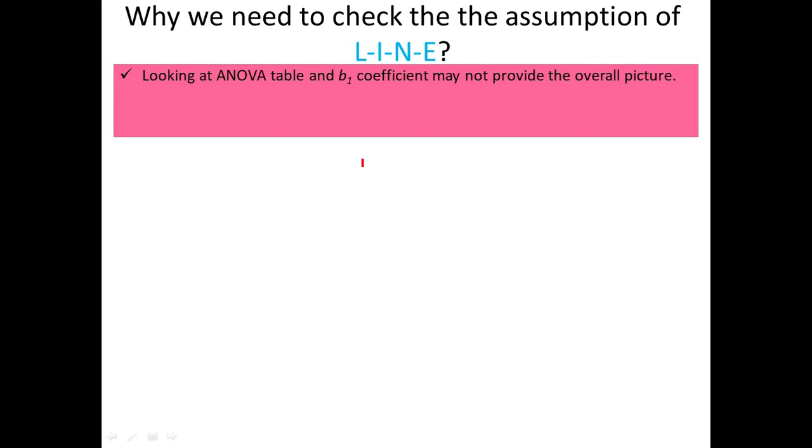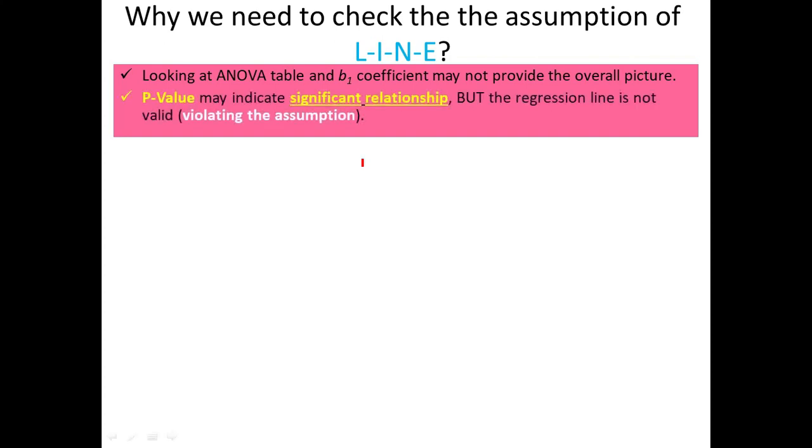If we depend on these two values to decide whether to reject or not reject the hypothesis, the decision is not really wise because we are not checking whether the assumptions of regression are violated or not. The p-value in the ANOVA table and the B coefficient may indicate a significant relationship, but the regression line is not valid if the residual plot shows a pattern, which is again the assumption.